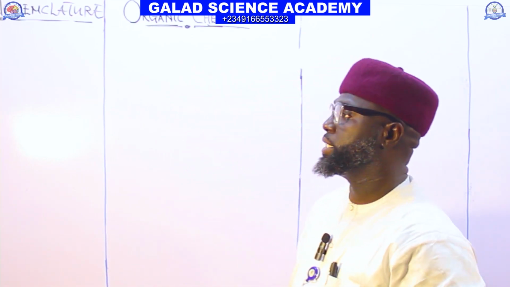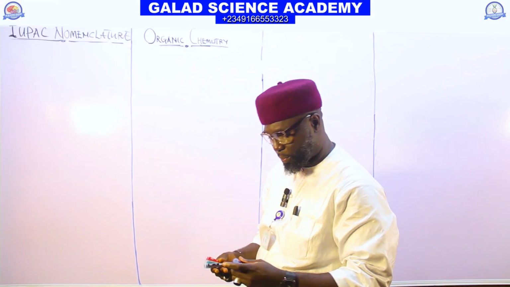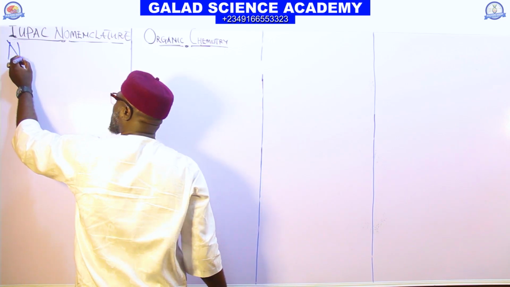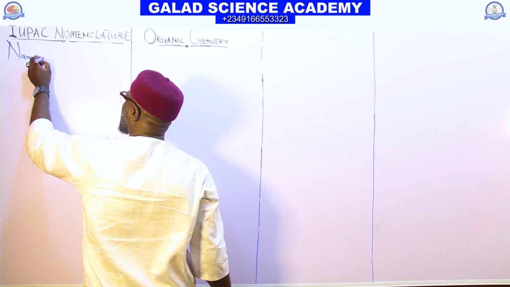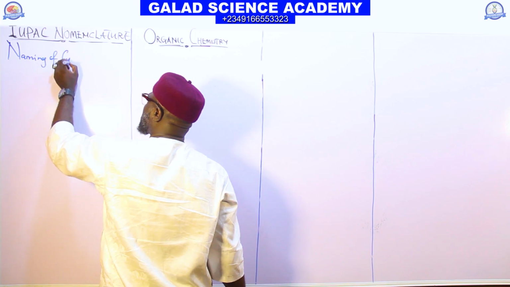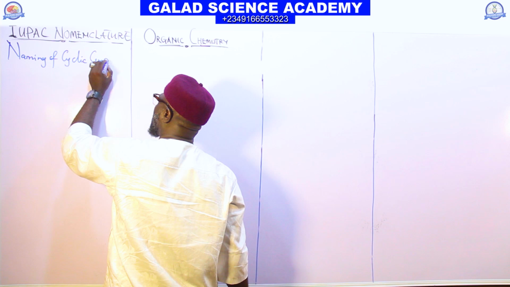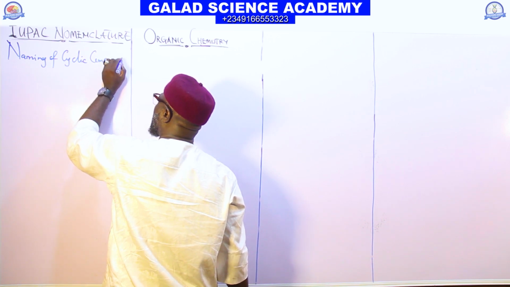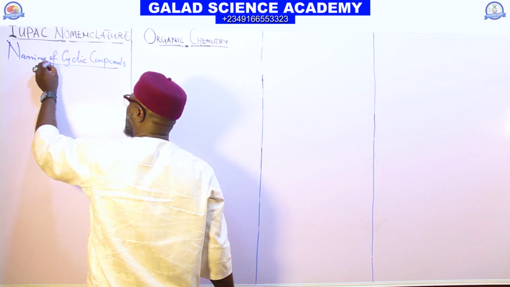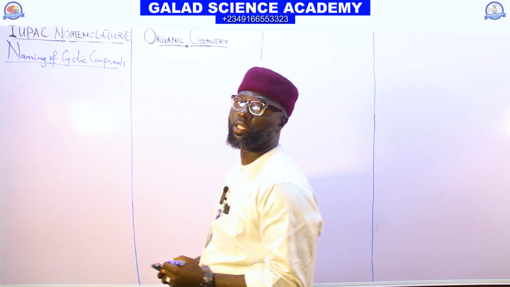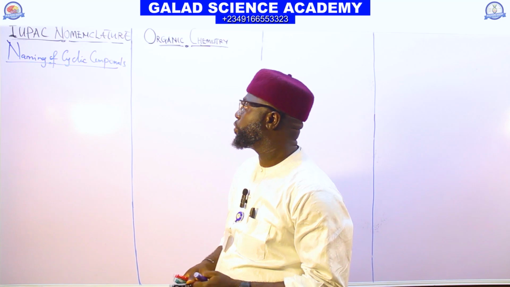Let us look at the naming of cyclic compounds now. Next aspect is what? Naming of cyclic compounds. You know, cyclic compounds are always in a ring form.